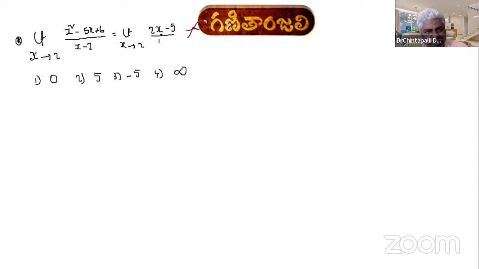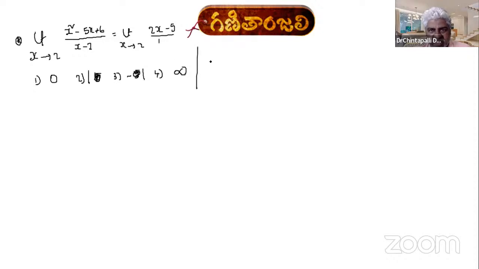Sorry, the options were wrong from my side. Options are 5, not minus 5. Option 3 is negative 1. Negative 1. Yes. How?